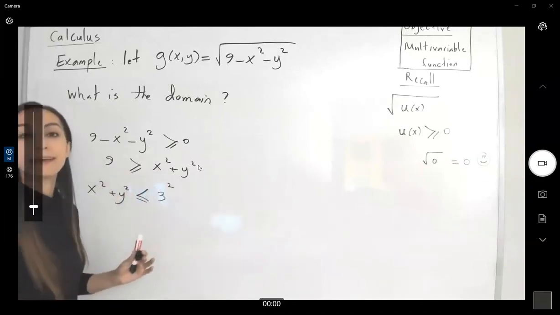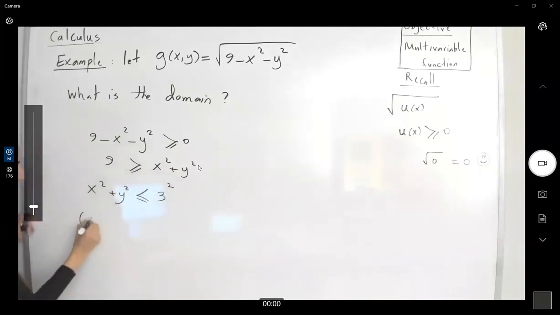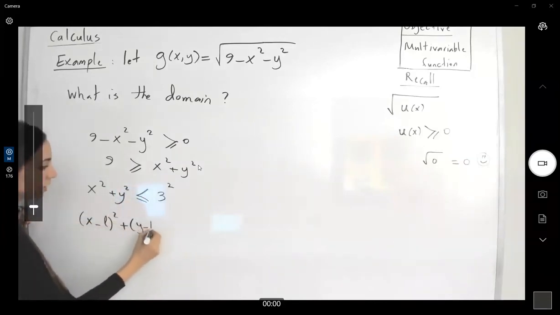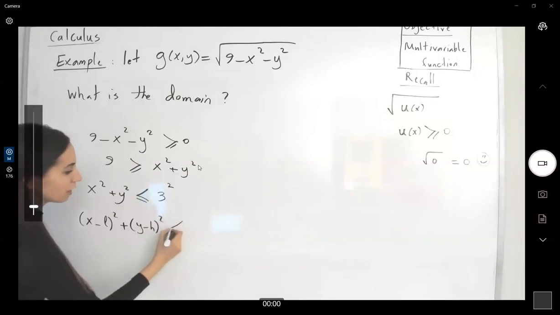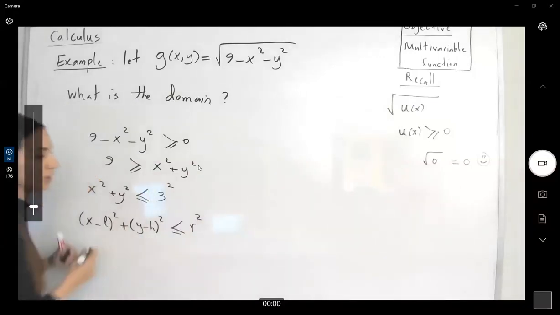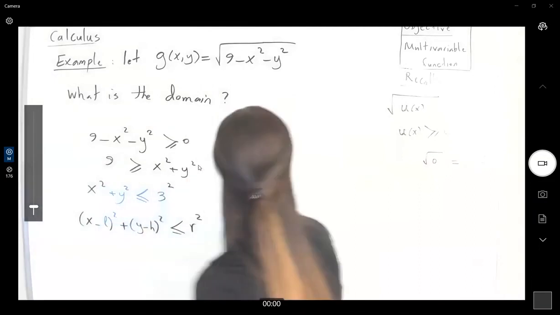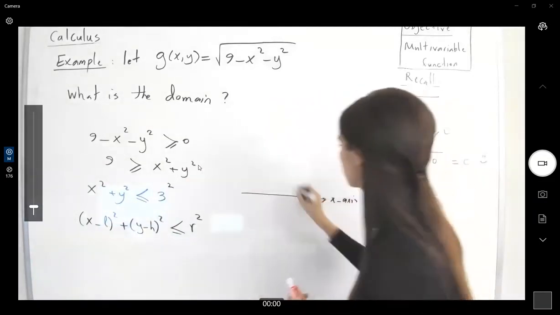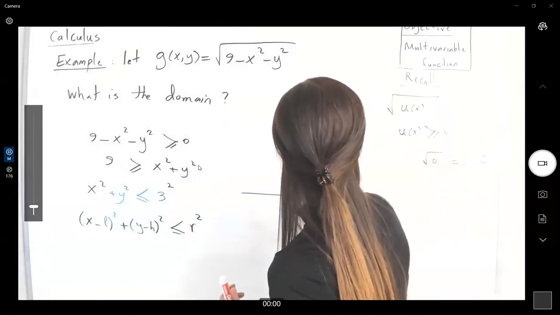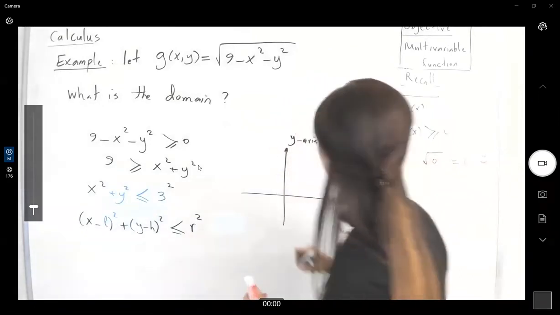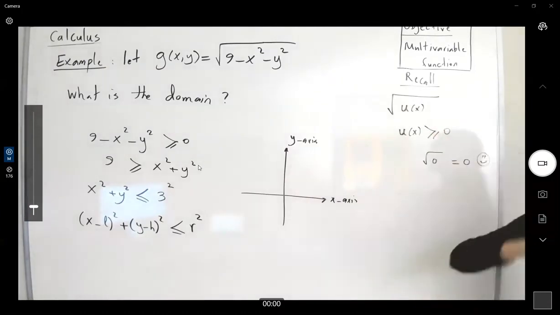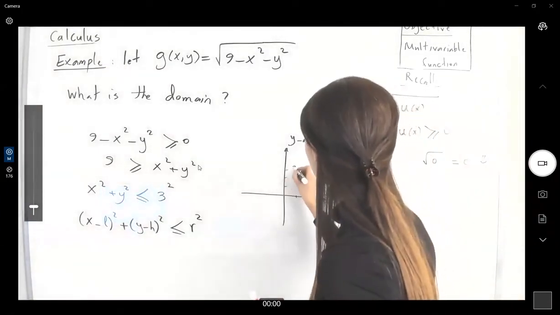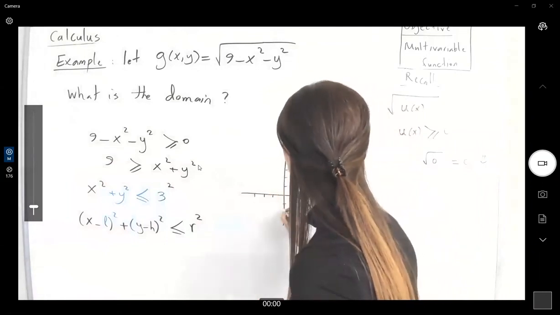It's like a disk. So here you have x minus h squared plus y minus k squared less than or equal to r squared. If you graph this, the graph is like this. You have the x-axis, you have your y-axis, and then here you have radius 3. 1, 2, 3.